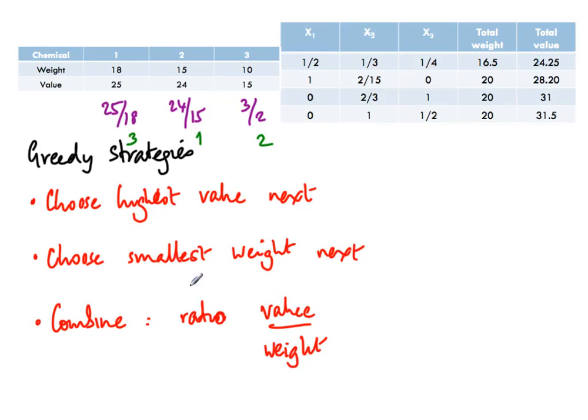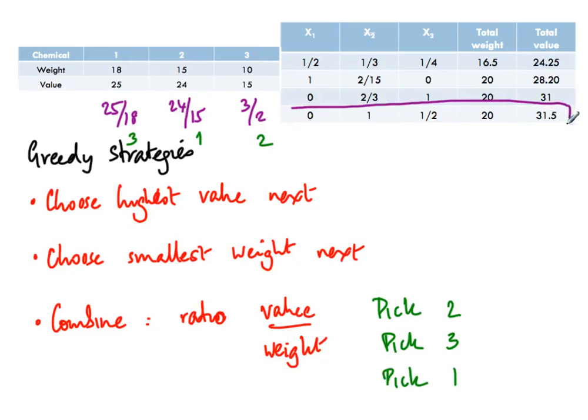So in this strategy, you will first pick chemical 2, then you will pick chemical 3, and then finally, if you still have space, you'll pick chemical 1, and this corresponds in our example to the last choice. And it turns out that this strategy of picking in terms of unit cost, or in terms of the ratio, choosing the ratio with highest value to weight next, is actually the optimum greedy strategy.